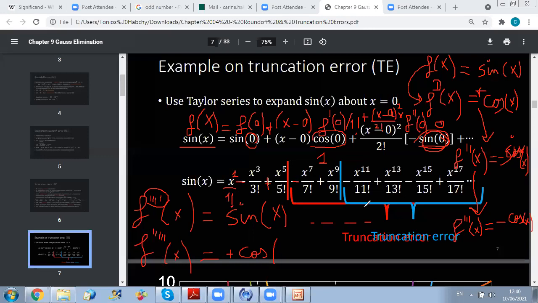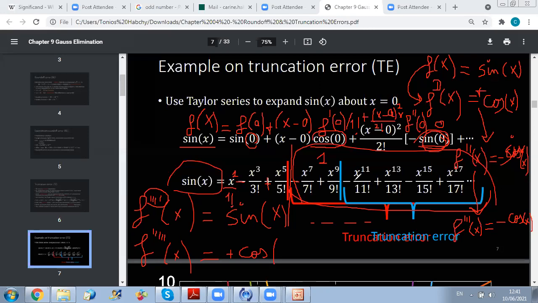Now, if I want to model sine of x, I can do it in several ways. It depends on the number of terms I want to keep and the number of terms I want to eliminate. If I just want to stop at the exponent x5, then I will neglect all terms after x5, and my truncation error will be equal to the summation from minus x7 over 7 factorial to infinite other terms.